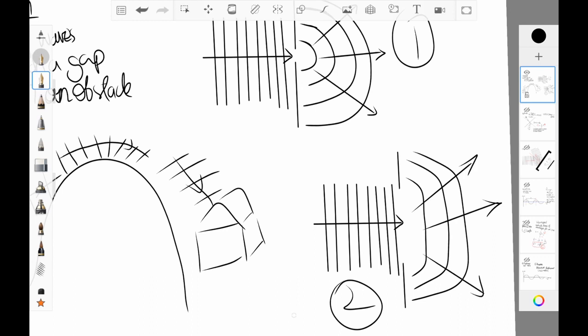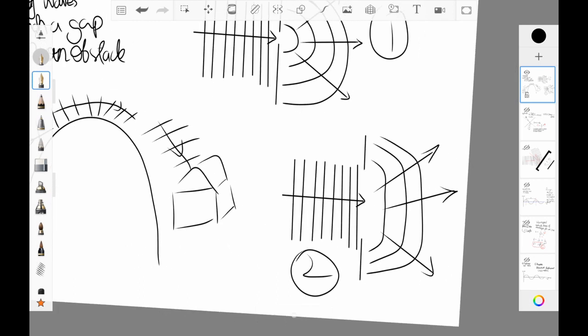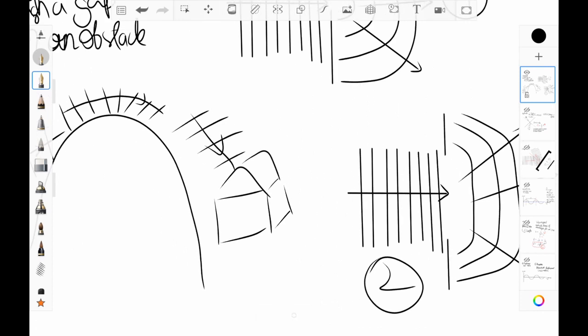In a pictorial sense, you can see that the smaller the gap, the more diffraction occurs, which is why in diagram 1, the diffracted rays are more arched than in diagram 2. And the second factor is the wavelength. The longer the wavelength of a wave, the more diffraction occurs. Over here, the waves that I've used have a shorter wavelength.